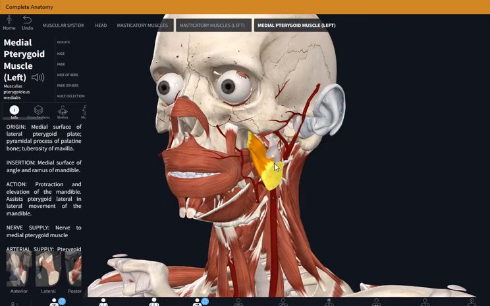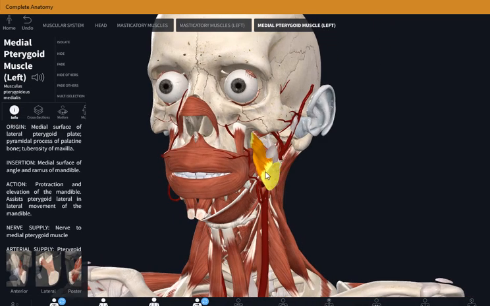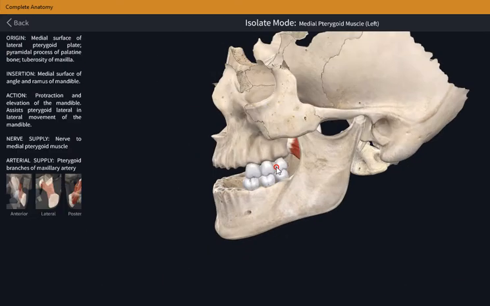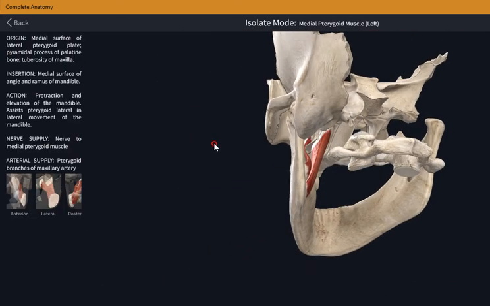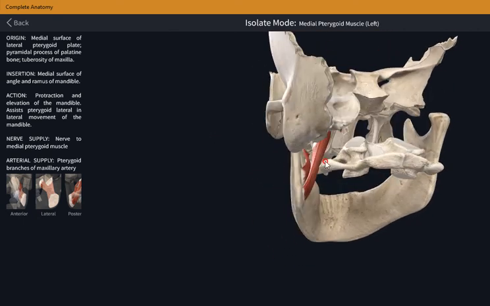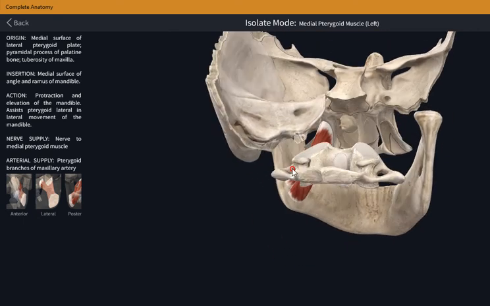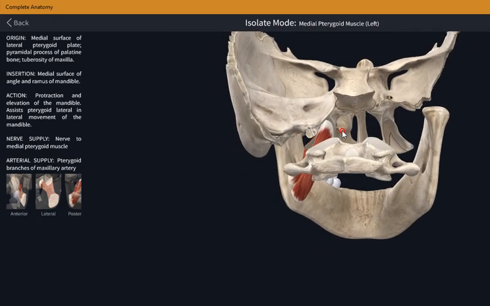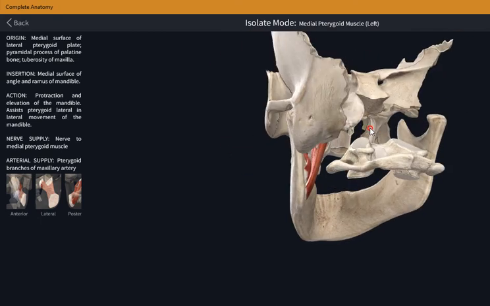You see that the medial pterygoid muscle is connected to the portion of the mandible I initially removed. So let's isolate it. You see it very well: it originates between the lateral and the medial plate.